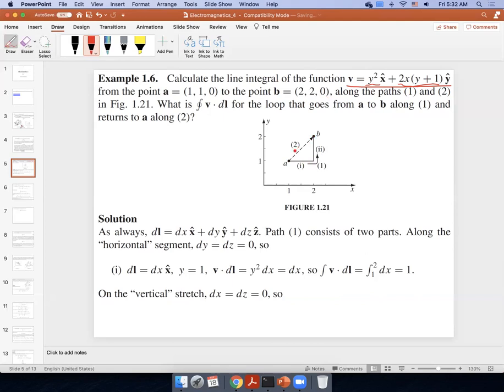For path 2, it goes directly from A to B in the upright direction. So along those two paths, what is the closed path integral of V for the loop that goes from A to B along 1 and returns along 2? Okay.